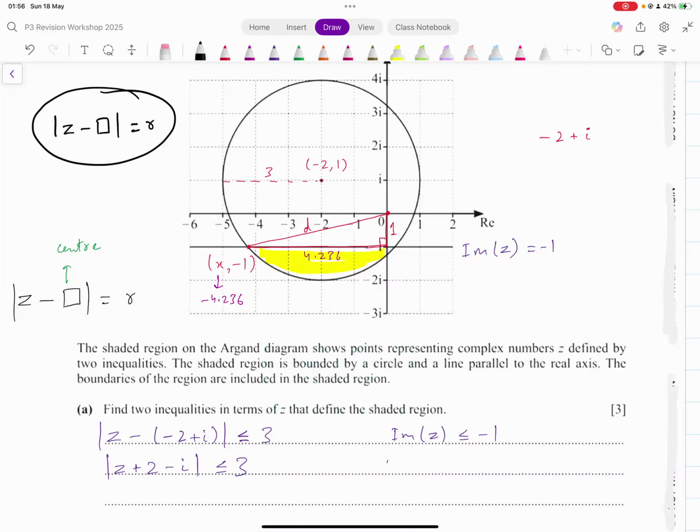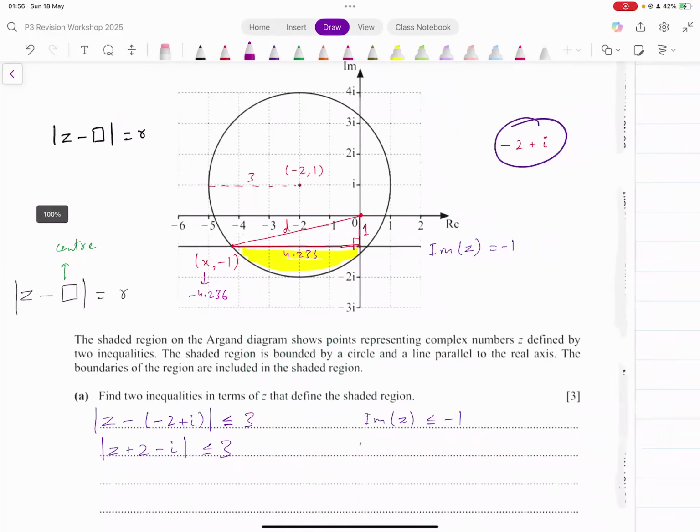That's the standard form of a circle that we discussed earlier, right? So center is -2 plus iota. We put -2 plus iota there. Radius is 3. We put 3 there. But instead of being equal, we say it's inside the circle, the shaded part. So we put a less than or equal to 3. We put the less than or equal to sign there because we have to be inside the circle. All right. Hope that makes sense.